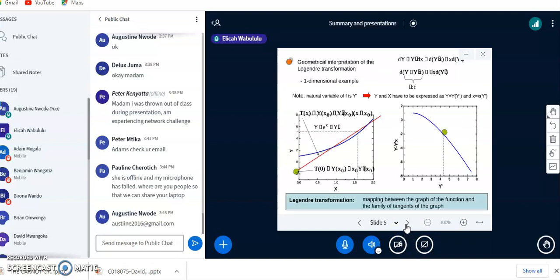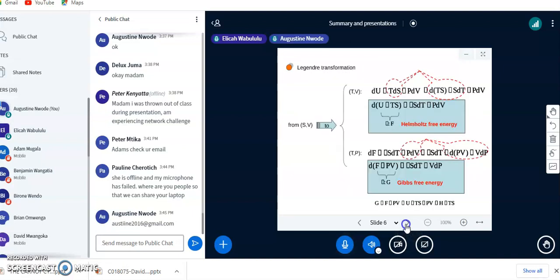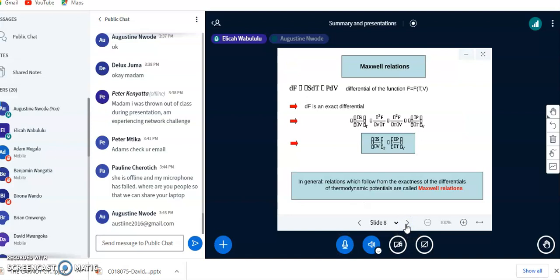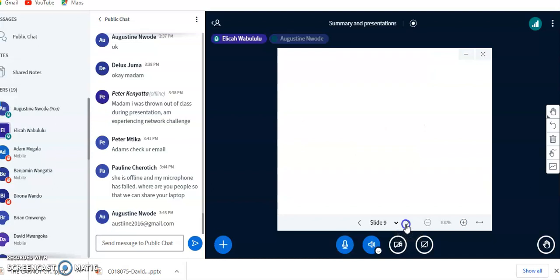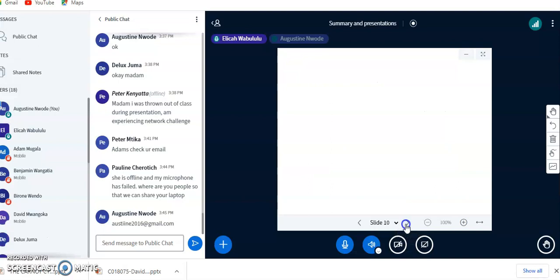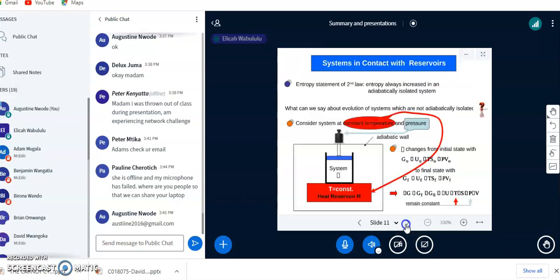The Legendre transforms, he's basically trying to show how we can use the mathematical aspects to derive the Maxwell relations. But I think we have seen this, which is simpler or easier.